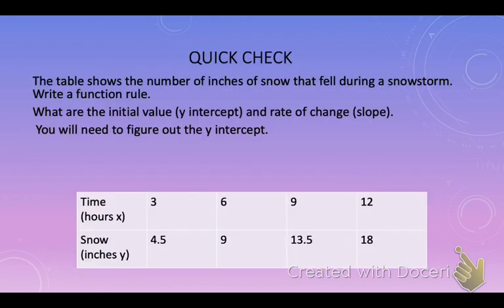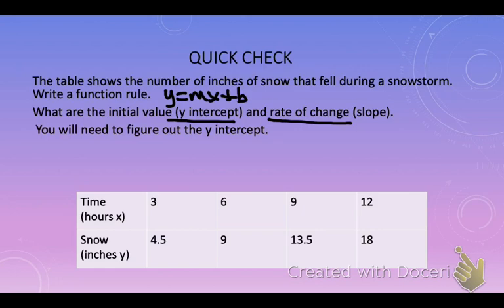Okay, now you're going to do one on your own. So this table shows the number of inches of snow that fell during a snowstorm. So we want to write a function rule. Remember, our function rule needs to be in the form of y equals mx plus b. So what are the initial values? You need to find out what your y-intercept is and the rate of change, or the slope.